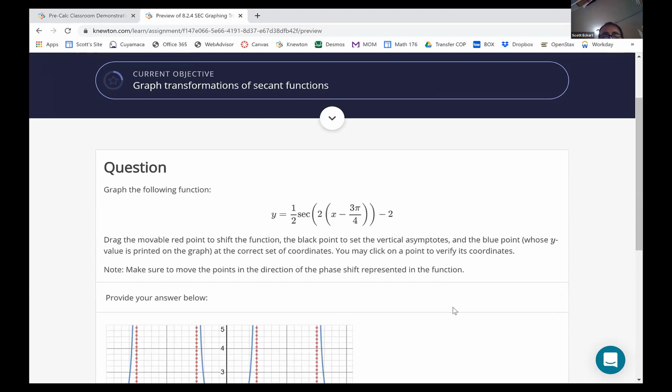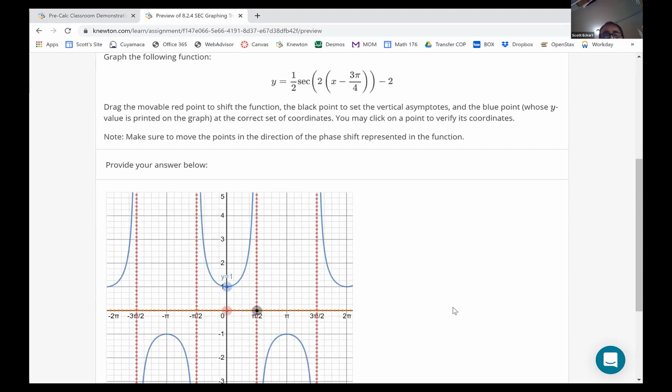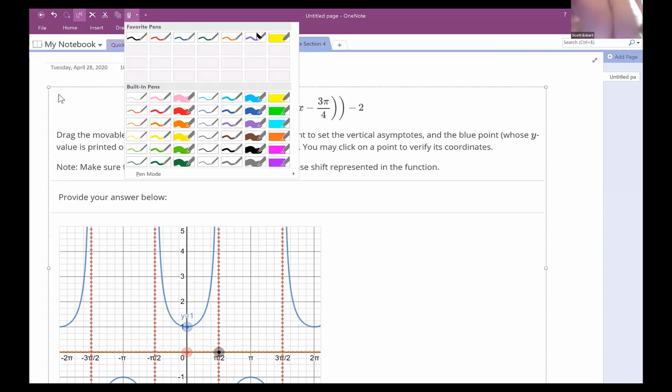This one's giving us factored form. Oh, that's interesting. All right, let's do some analysis here. Let's write down our facts. Some of the facts are straightforward.